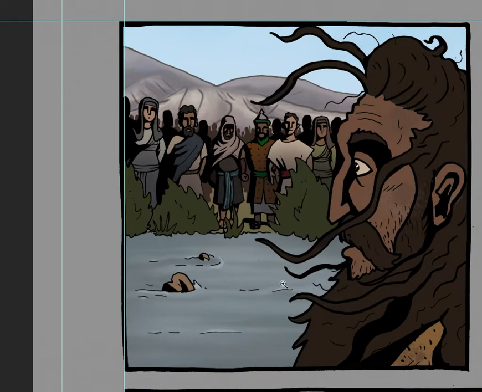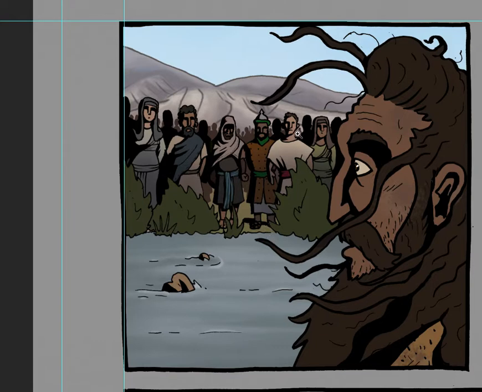Okay, and we've got John the Baptist here, wearing his camel hair clothes, and he's got long hair, being a Nazarite. He doesn't cut his hair, long beard, long moustache, very scruffy, and he's dirty as well, you can see here, and he's in the Jordan. He's baptizing people.